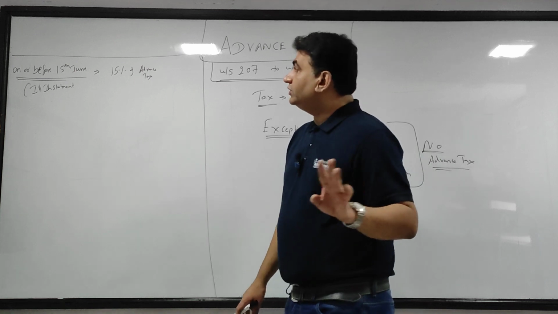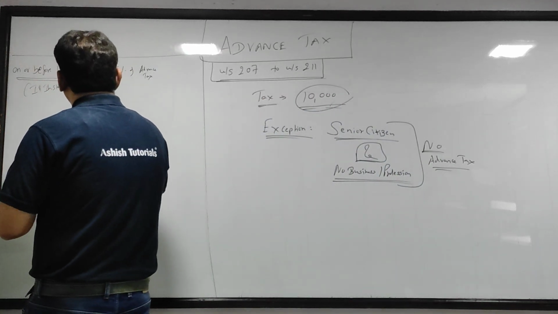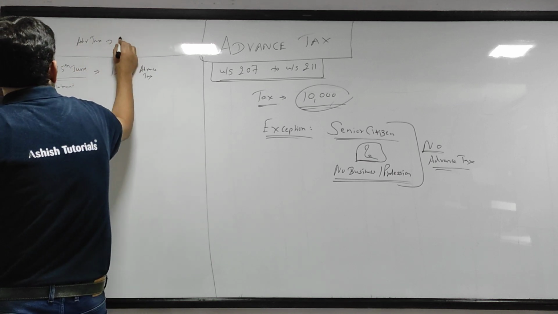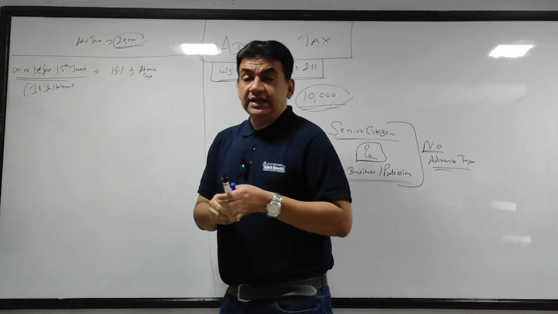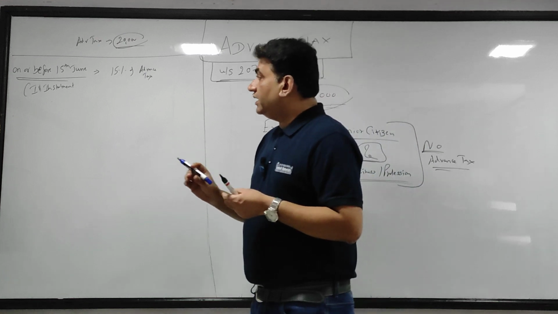Getting? I'll just put a hypothetical figure just for understanding, guys. I'll just take that advance tax ka estimate is 20,000. So क्या होगा?